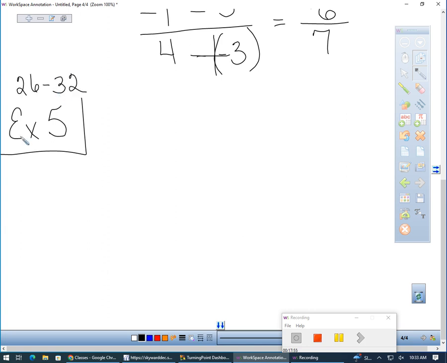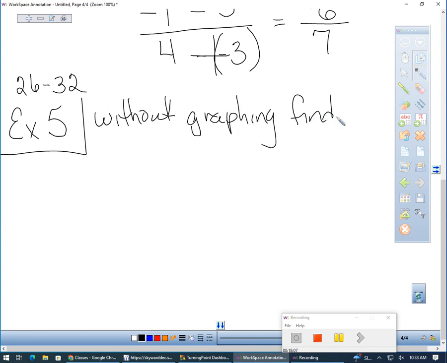I'm going to ask you to, without graphing, find the rate of change. And rate of change just means what? Slope. Thank you. Rate of change just means slope.